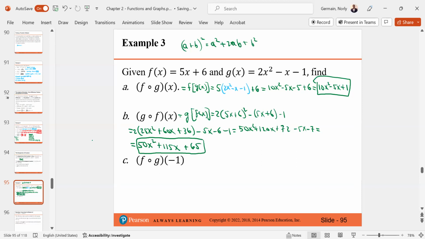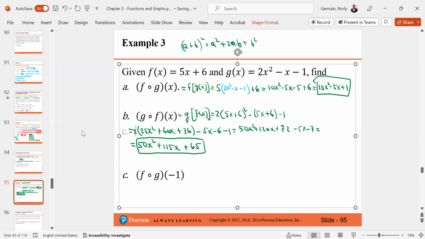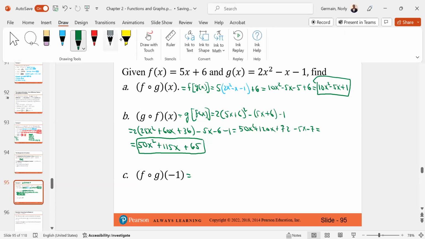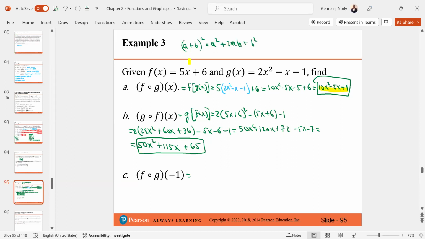Okay, now the last question they ask you to find is f∘g of 1, negative 1. That means you could do it different ways. You either find f∘g first, then you plug negative 1 into it. That's what we're going to do here, because we already know what f∘g of x is. Well, f∘g of x is this one right there.